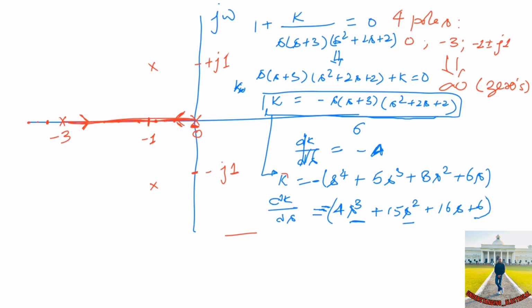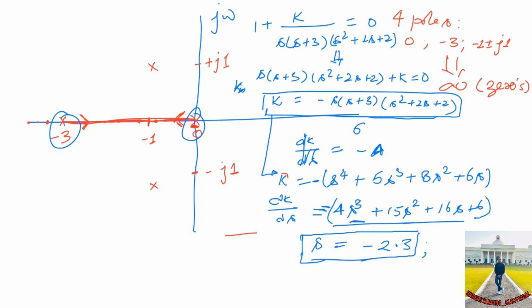One root of this equation is at minus 2.3, and the other two roots do not exist between 0 and minus 3, so I'm not going to find them. So this point minus 2.3 is definitely going to be a breakaway point, because it exists on the root locus segment on the real axis.